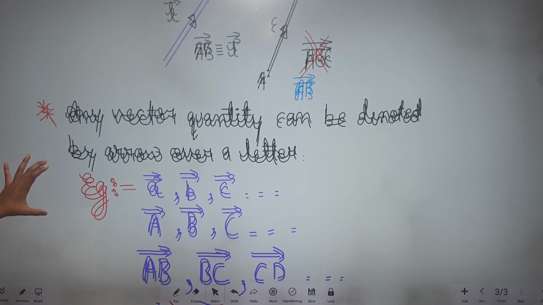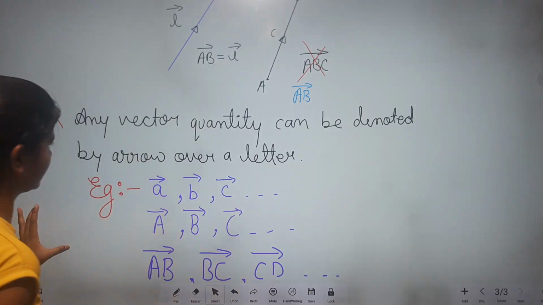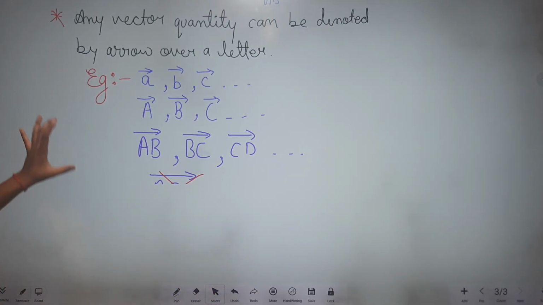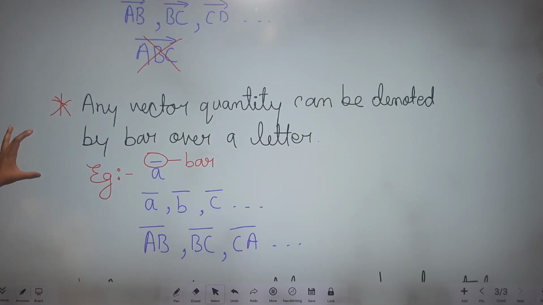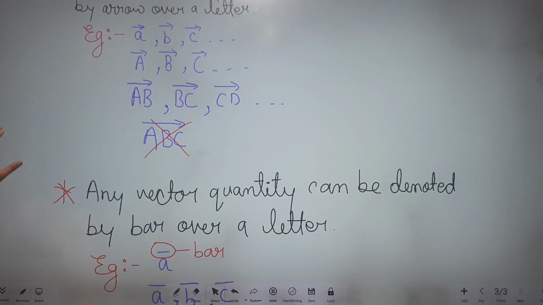So, the first point is that any vector quantity can be denoted by an arrow over a letter, a bar over a letter, or a boldface letter. Okay. So these are the three ways to denote a vector quantity. Okay. First one is an arrow over a letter. After that, a bar over a letter, and the last one is we use a boldface letter to denote a vector quantity.